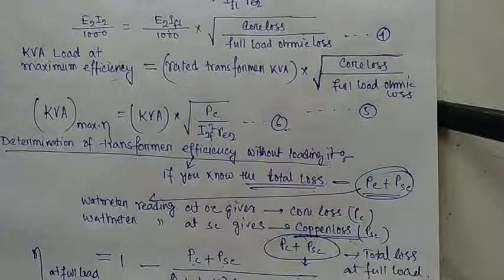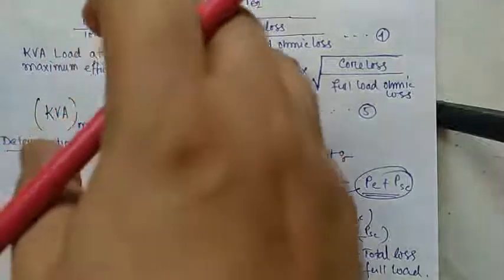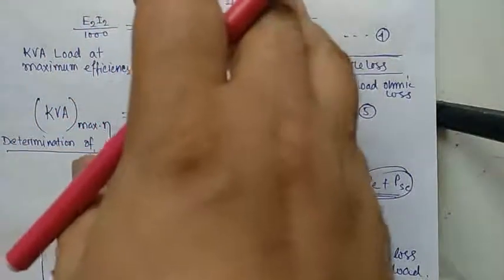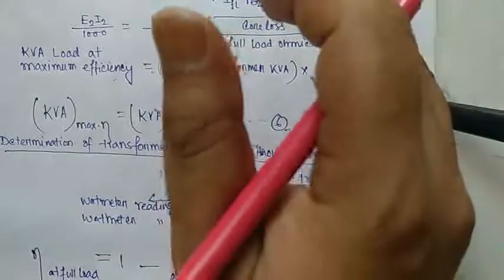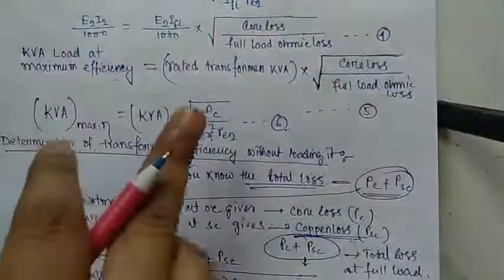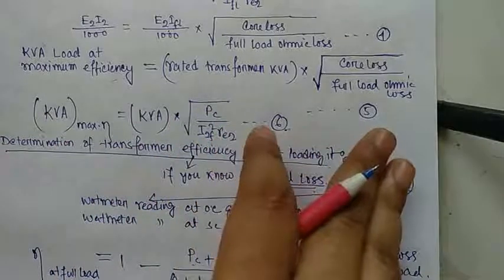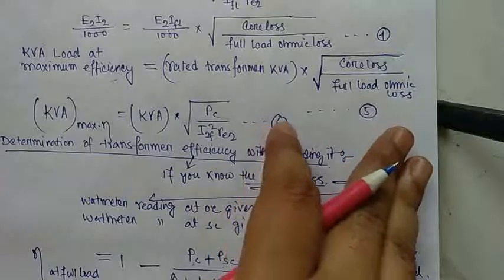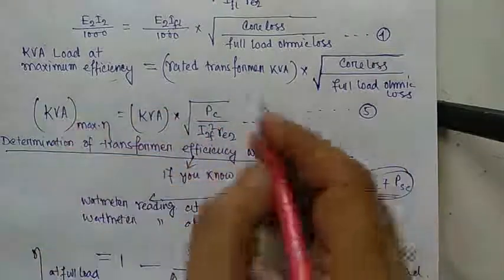So students, suppose I give an example: what is the load at which maximum efficiency occurs in the case of a 100 kVA transformer with core loss 1 kilowatt and full load copper loss 2 kilowatt? So what should be the KVA at maximum efficiency? From this equation it is very simple.